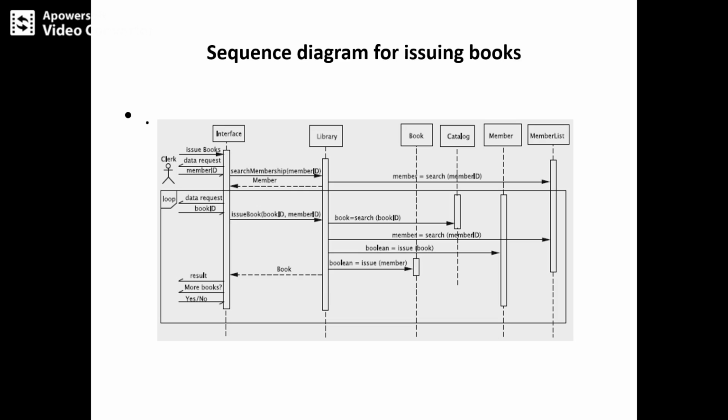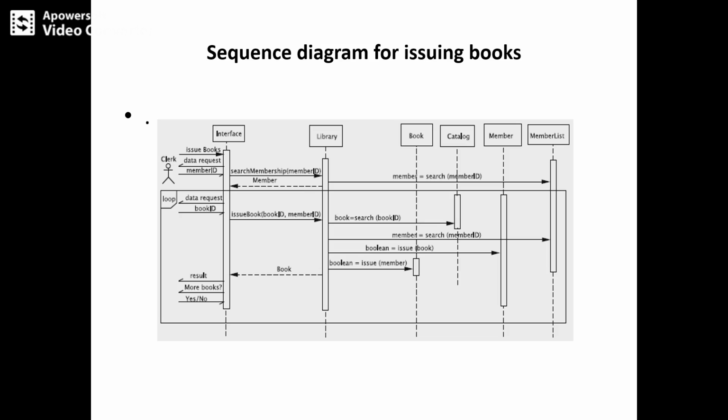Now we can see how many classes need to be taken, the timeline process, and the data request to the interface and by the system, with the clerk giving the input. Whenever we need to issue a book, the interface asks the system for the data request. The clerk inputs the given member ID.